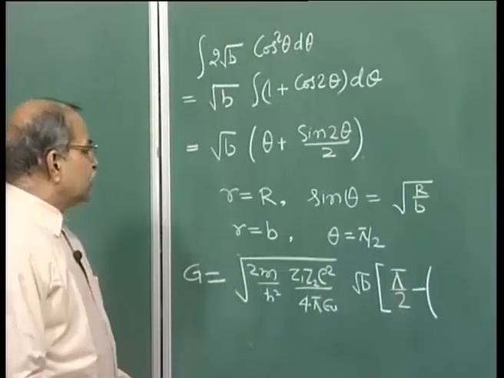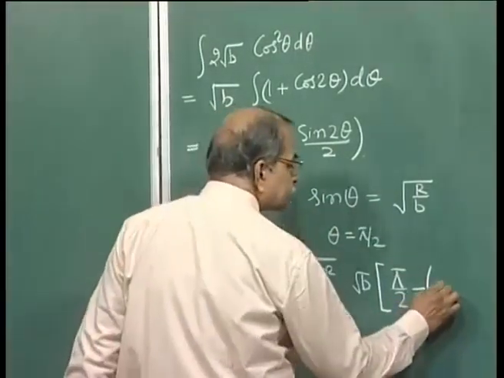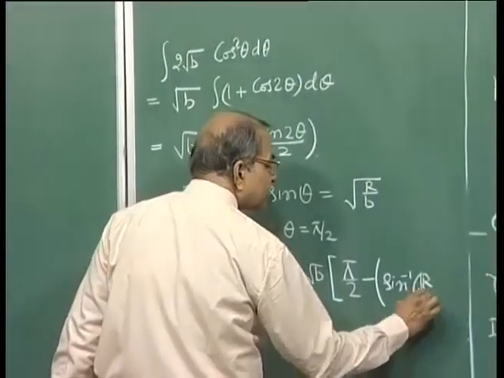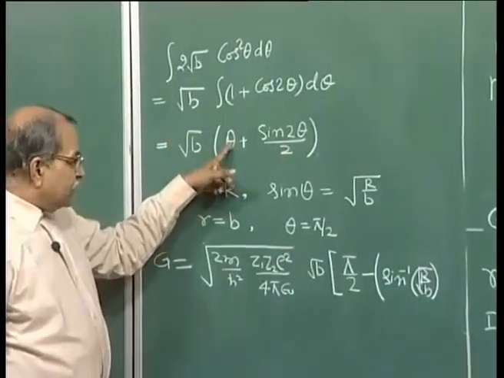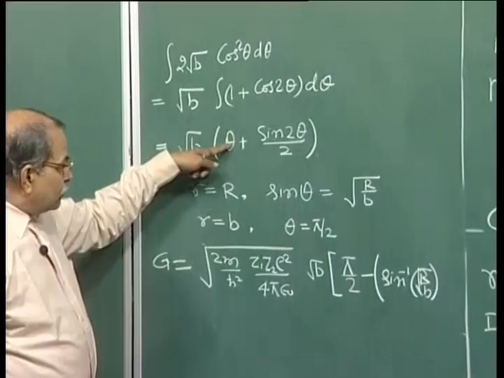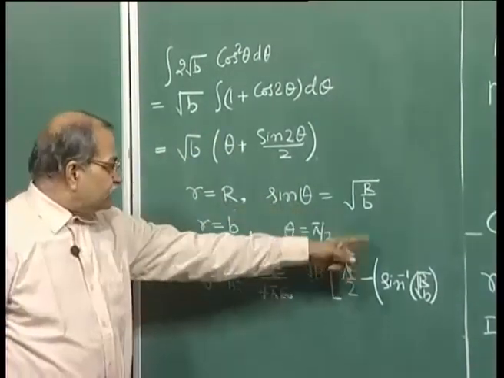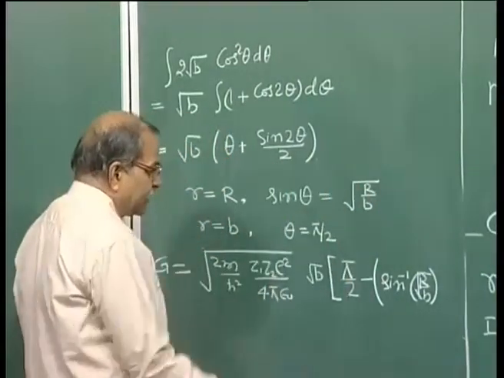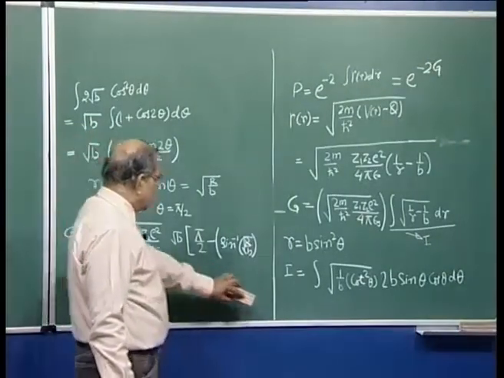So, put theta here. Theta is sin inverse of square root of R by b. I am putting that lower limit, theta corresponding to r equal to capital R. So, there theta is sin inverse of that, plus half sin 2 theta.